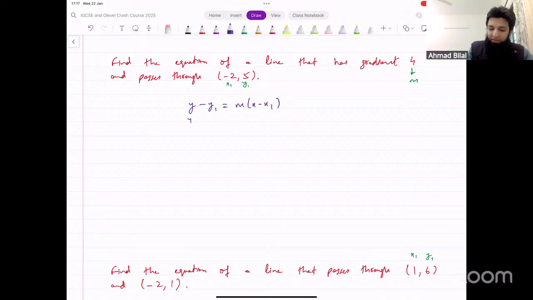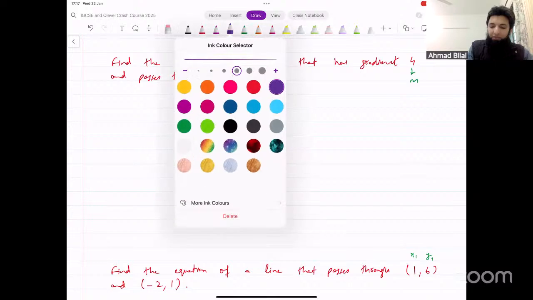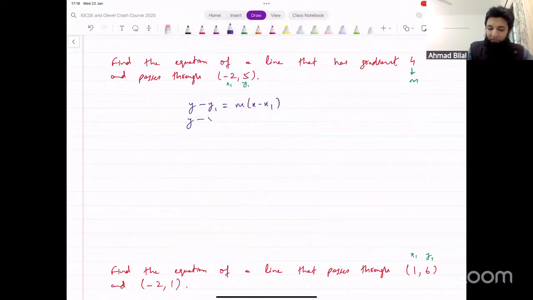We can say this is y minus y1, so in place of y1, we can put 5, equals m, which is 4, into x minus x1. x1 is -2. Let's put that here. In place of x1, we put -2. In place of y1, we put 5. And in place of gradient, we put 4. And we have this equation that we were looking for.